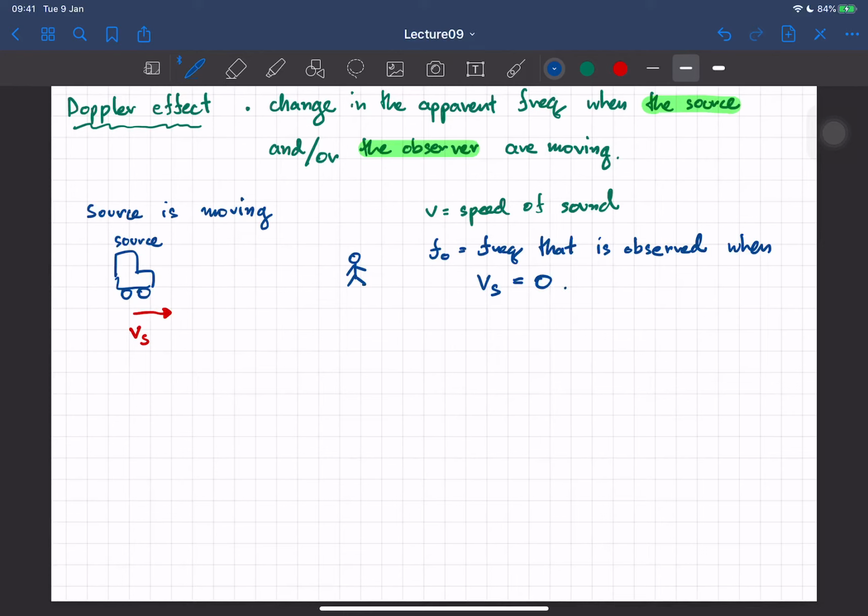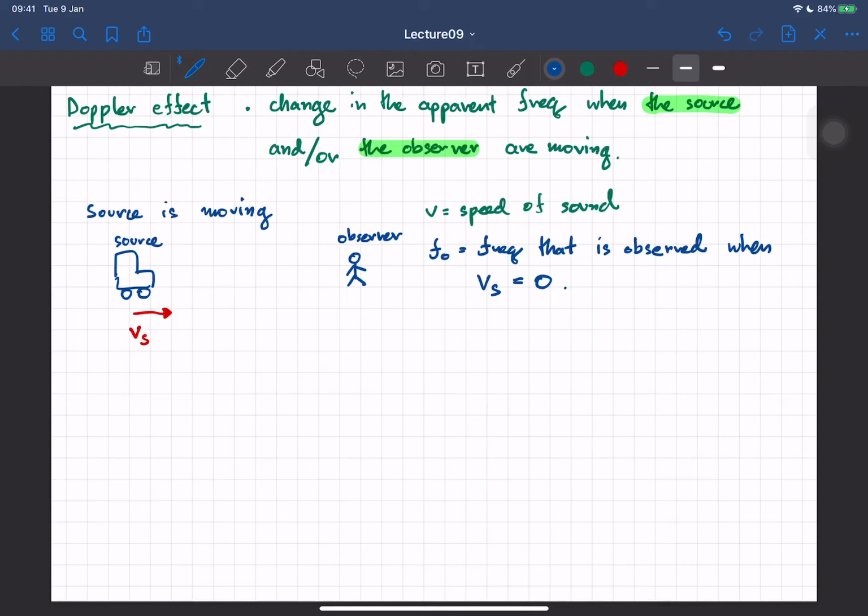What does it mean? It means the regular, normal frequency that you're going to hear if nothing moves. There's no Doppler effect in that case. So if Vs is equal to 0, the source is not moving, and the observer is also not moving, then what the observer hears is going to be f0.